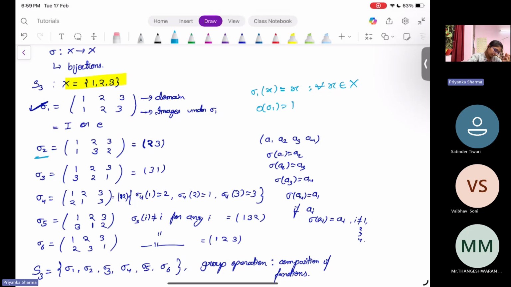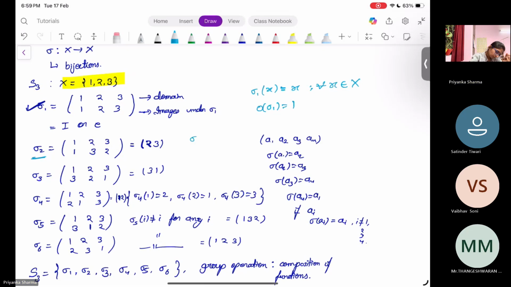Or if I give a hint, what we need is the minimum natural number n such that sigma 2 to the power n of x equals x, that is, if we apply sigma 2 to itself n times, then we get the image of every element as the element itself, for all x belonging to X. So sigma 2 of 1 will be 1, sigma 2 of 2 will be 3, but what will be sigma 2 square of 2?